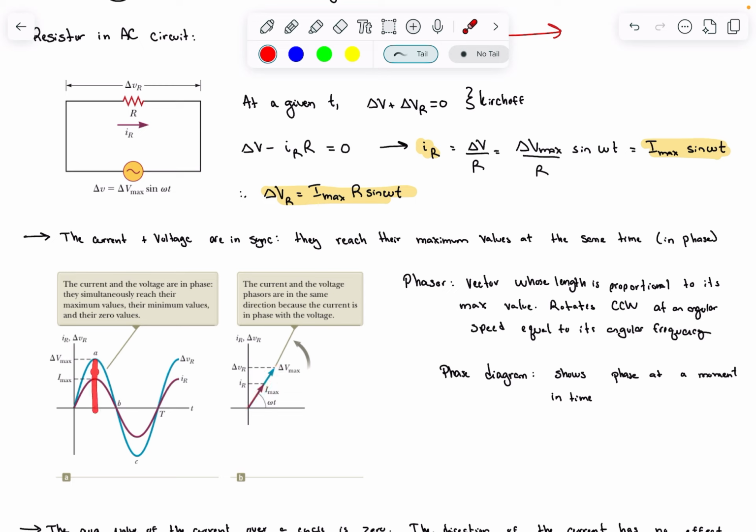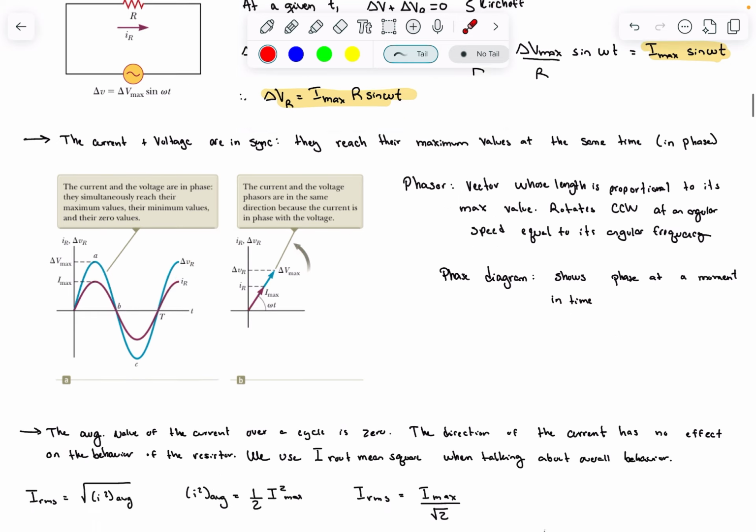So here this is delta V max, and this is I max. And then they are aligned because they're in phase. And then here they're rotating with a certain frequency, which is omega. So this is kind of just a snapshot of what's happening, just to see are they in phase or are they not in phase, and then of course they're rotating as well.